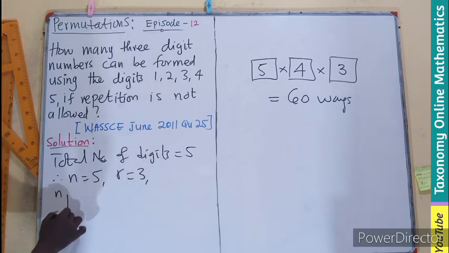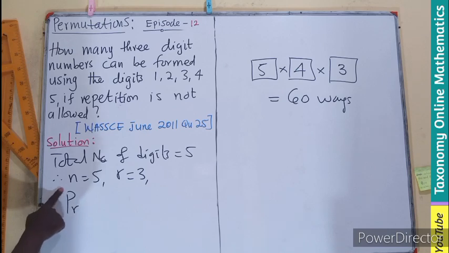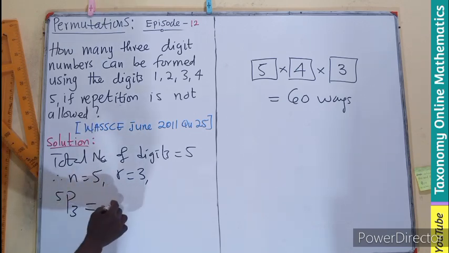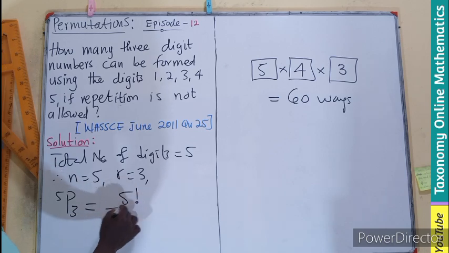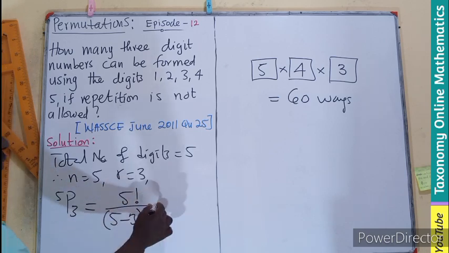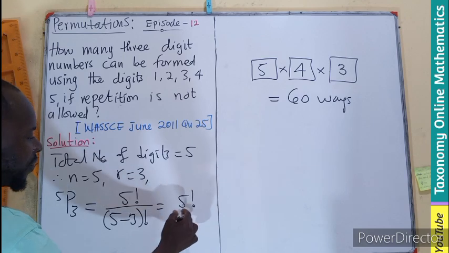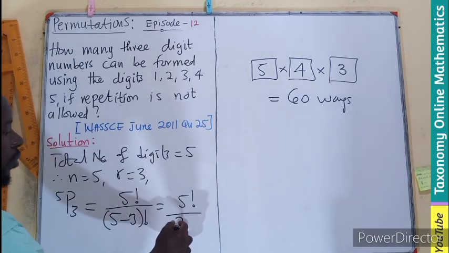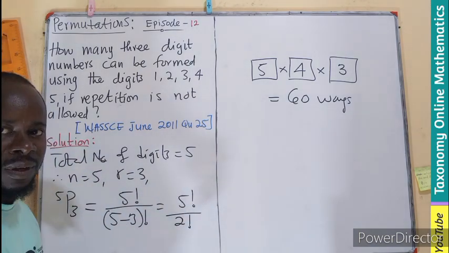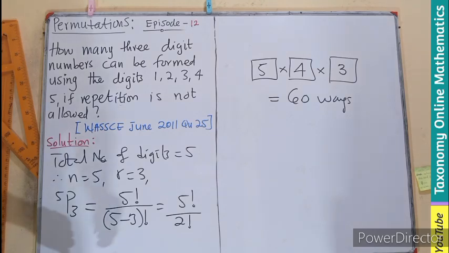So we have n permutation r, where n is the 5. So I have 5 permutation 3 equals 5 factorial over (5 minus 3) factorial, giving you 5 factorial over 2 factorial. What do we have for the factorial?